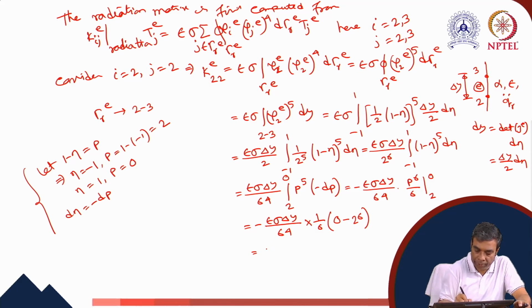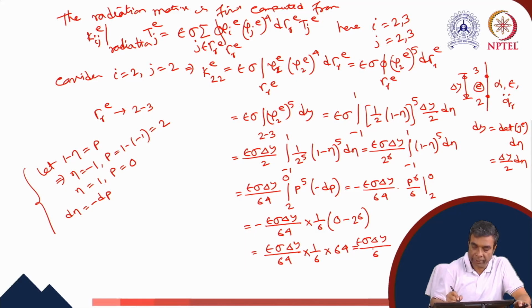So we are left with epsilon sigma delta y by 64 into 1 by 6 into 2 to the power 6, which is again 64. So we are left with epsilon sigma delta y divided by 6. So this is the contribution from the radiative boundary condition to the K22E term.